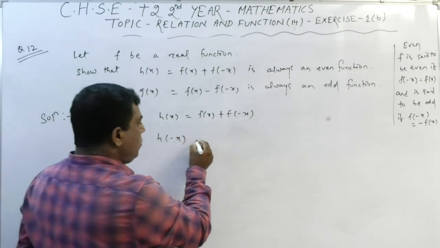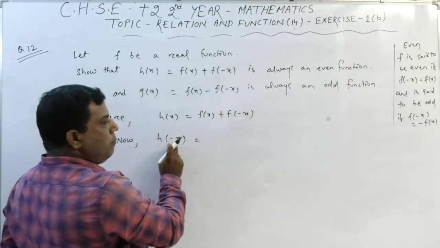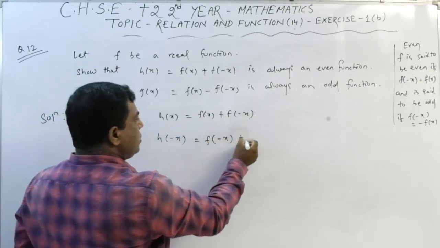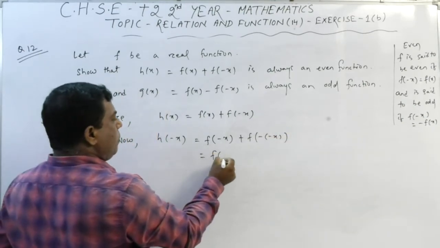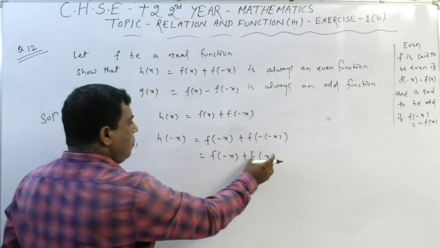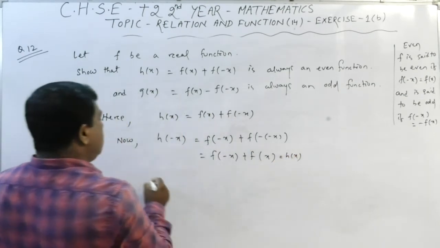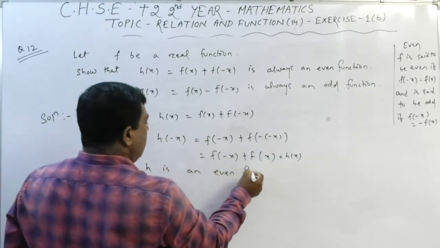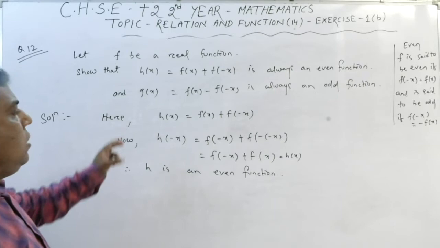So I replace x by minus x, and minus of minus x becomes x. So I get f of minus x plus f of x, which is again f of x plus f of minus x, which is our h of x. Therefore, h is an even function. Clear?